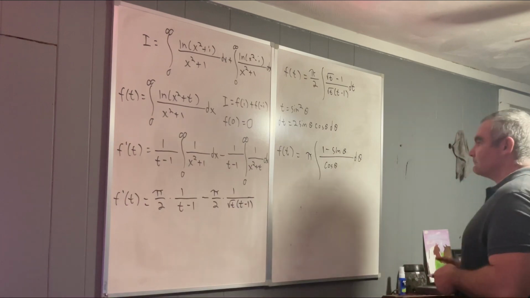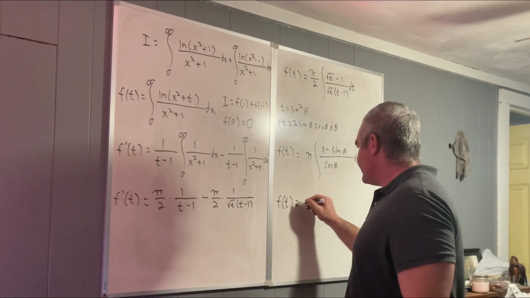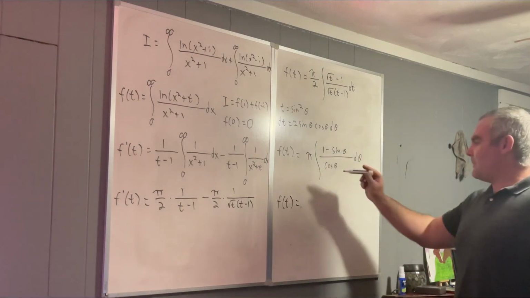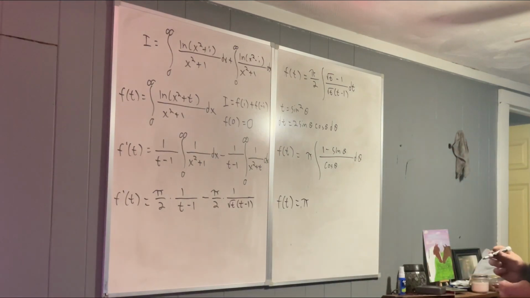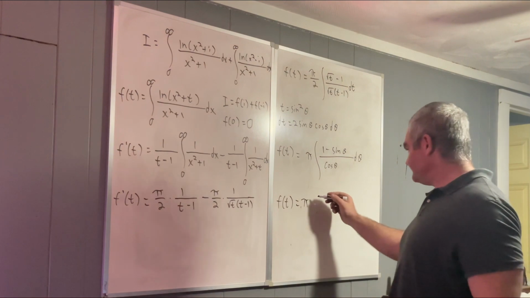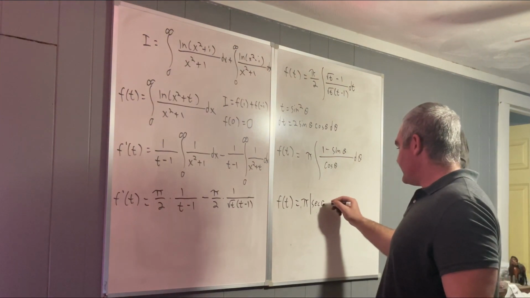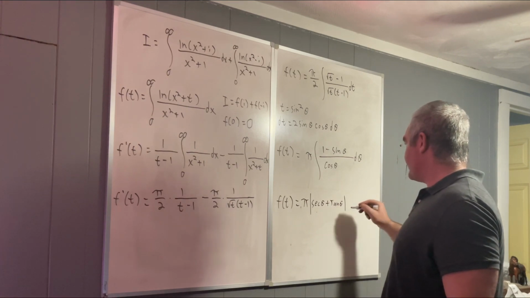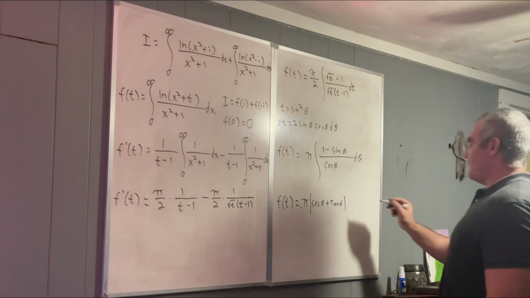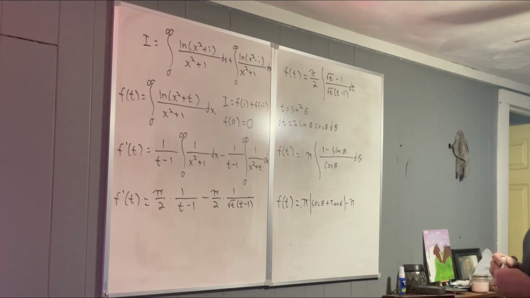So now we have f of t is equal to pi times the indefinite integral with respect to theta of secant theta. Well, that is the absolute value of secant theta plus tangent theta. And then we have minus pi times the antiderivative with respect to theta of tangent theta.